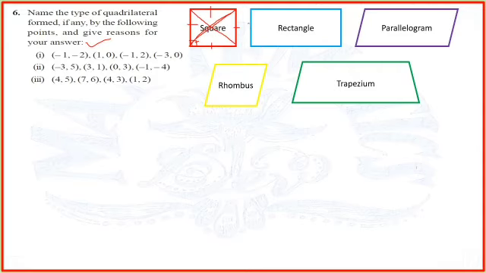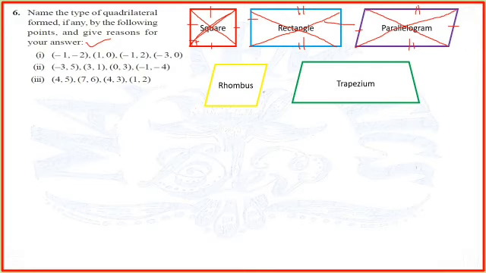In a rectangle, pairs of opposite sides are equal, and the diagonals are also equal. In a parallelogram, opposite sides are equal and parallel, but the diagonals are not equal. This one is bigger, lengthy, and this is shorter.